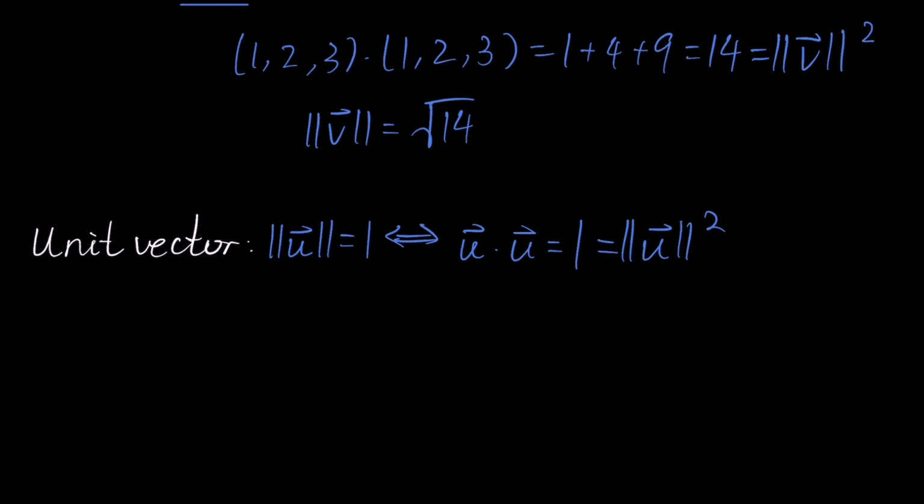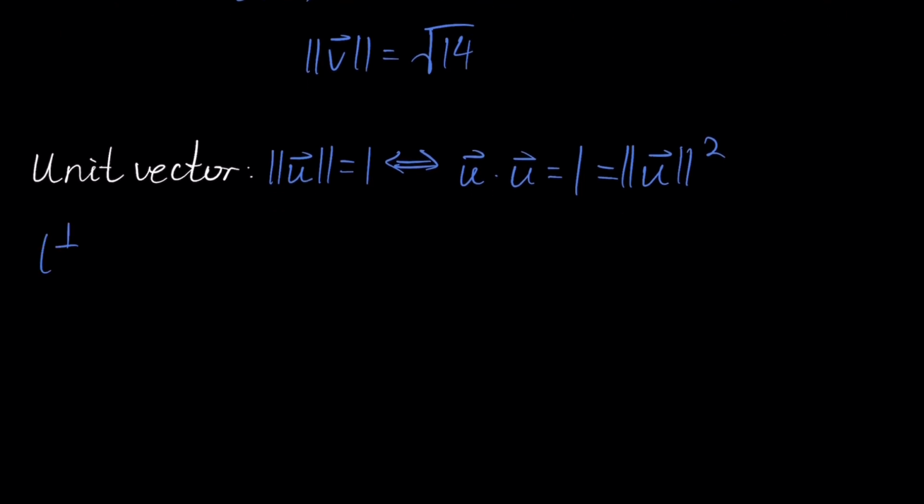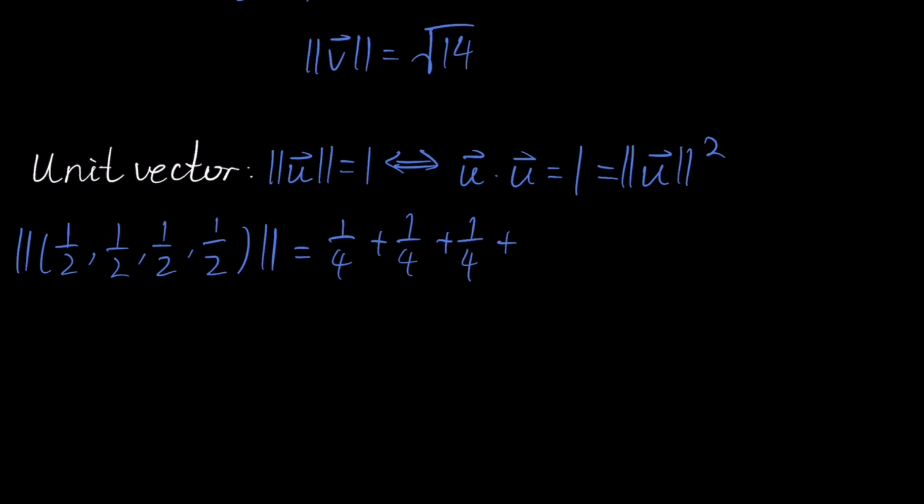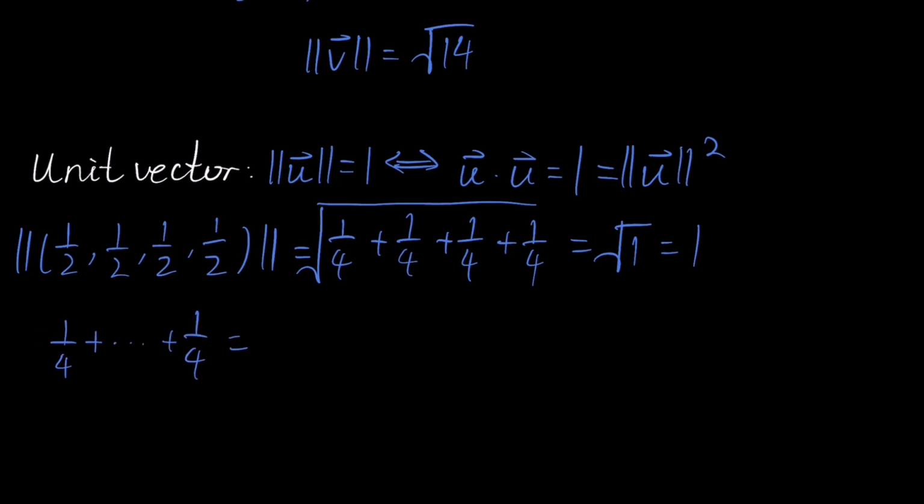So for example, in 4 dimensions, if we have the vector (1/2, 1/2, 1/2, 1/2), then this has the length of the square root of a fourth plus a fourth plus a fourth plus a fourth, which is equal to the square root of 1, which is 1. And the dot product of this vector also gives us a fourth plus a fourth 4 times, which is equal to 1. So therefore, the dot product is equal to the length squared.